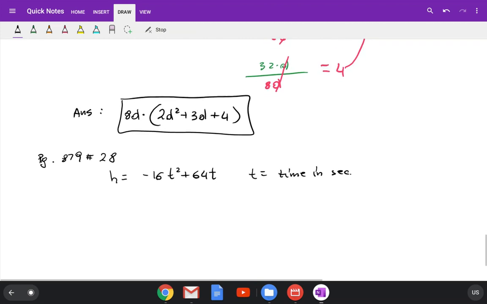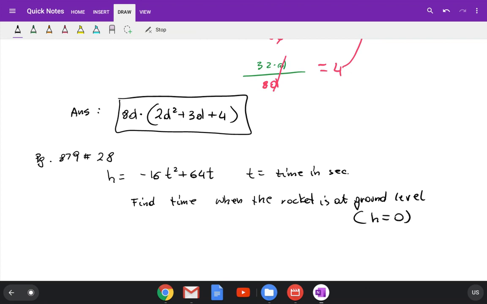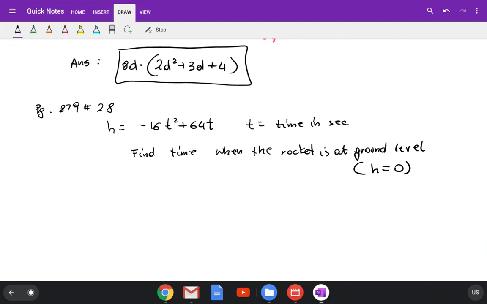So what you need to do is find the time when the rocket is at ground level. Ground level means that h is equal to 0.